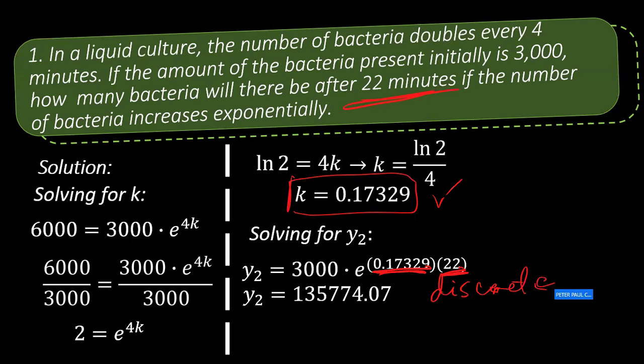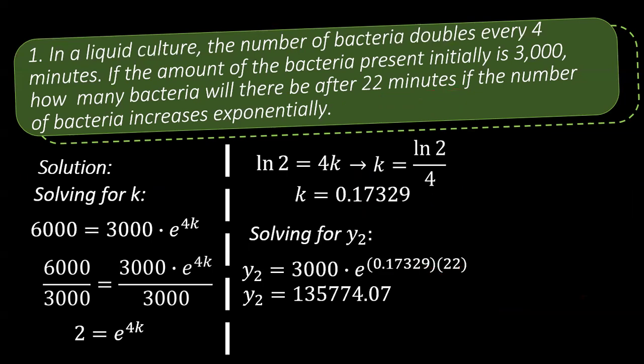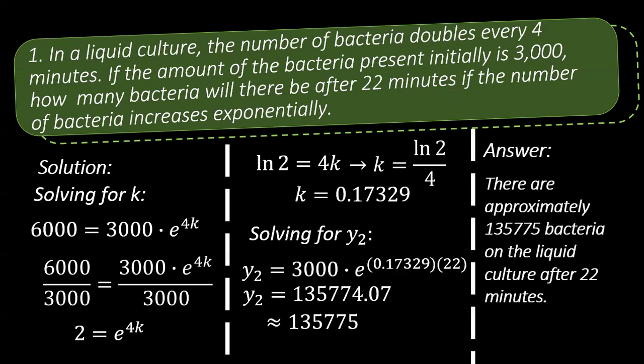According to Ma'am Cherry, your statistics teacher, when we say discrete, you have to round up that number. So even if you have a 0.07, you still need to round it up because that's considered already 1 bacterium. So rounding up to the next full number would mean that we have approximately 135,775 bacteria. So in conclusion, there are approximately 135,775 bacteria in the liquid culture after 22 minutes.